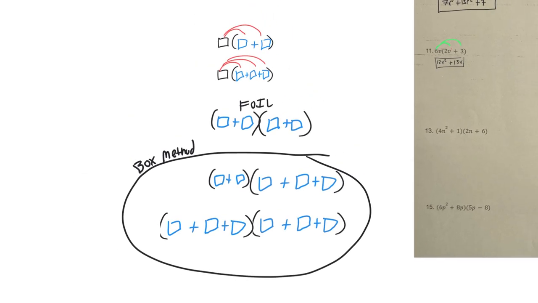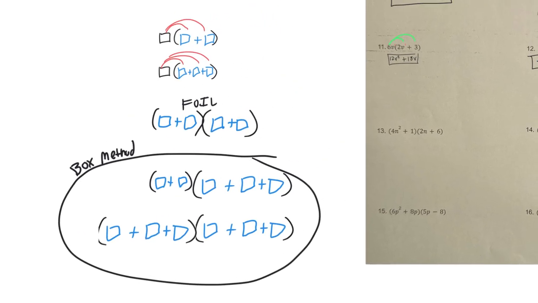So for my student watching, that's at least three skills you need, right? Regular old distribution, we'll call this the same skill. Foiling, which kind of is the box method in disguise. But then there's the box method here.